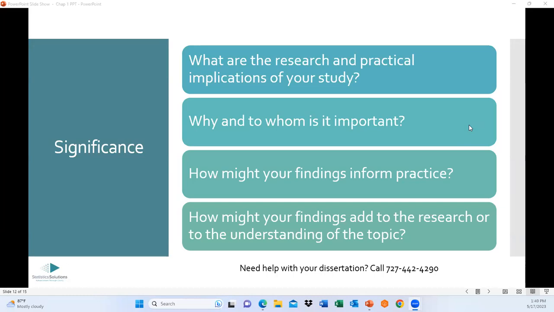And the same goes for practice. Sometimes practice is a little easier because this is about the value that your information might have to people at the level of practice who are doing what they're doing related to the topic. So if it's education, our study on special education teachers leaving the field, who would that be valuable to?